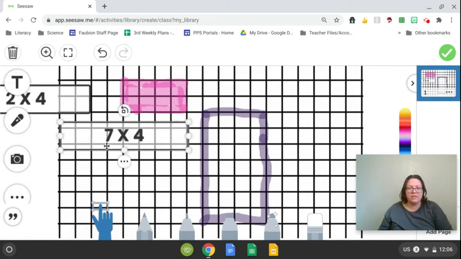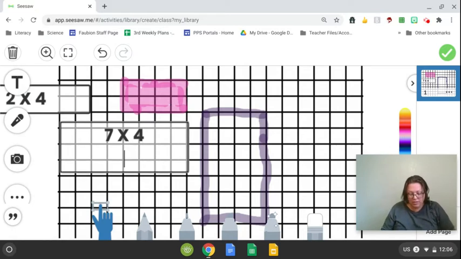So instead of 7 times 4, I'm going to break that 7 apart because 7 is a harder number for me to count by. But I do know how to count pretty easily by 5s and by 2s.